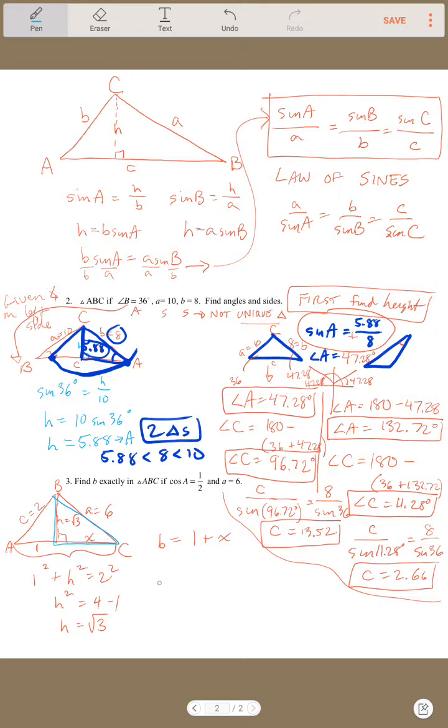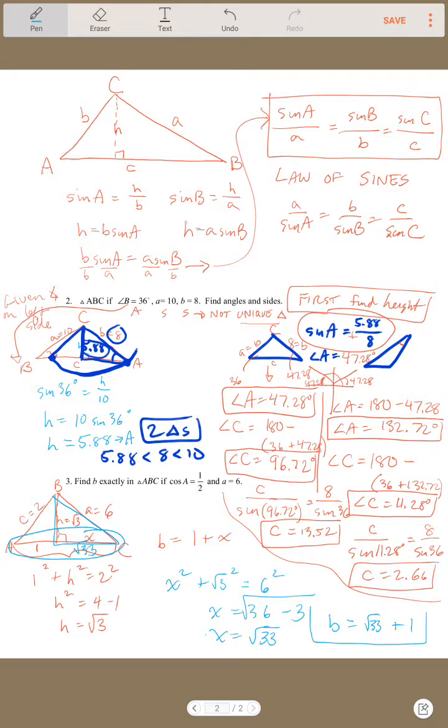We know that we have, using Pythagorean theorem, x squared plus root 3 squared is equal to 6 squared. And so if we solve for x, x is going to equal 36 minus 3, and the square root of that is what we'll get for x. So x will be the square root of 33. Which means if this is root 33, then now we have the side length of b, this entire thing. That must mean that b is equal to square root 33 plus that 1 that we got earlier.